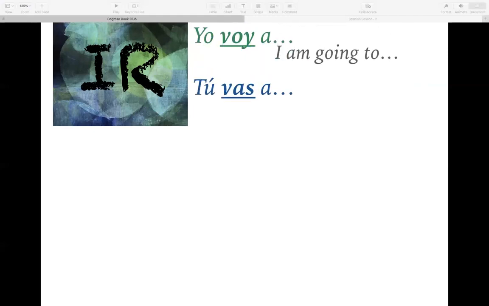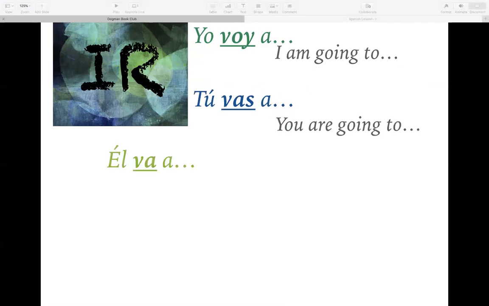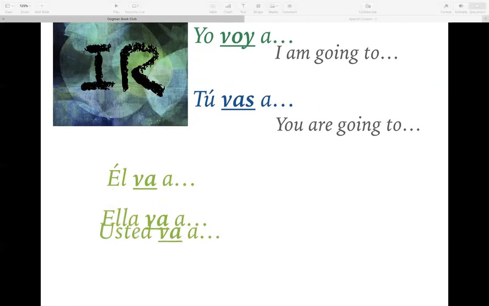So, back to answering the question, we need to use ir, the verb to go. So if you want to say, I'm going to, yo voy a. To say, you are going to, tú vas a. Él va a, ella va a, usted va a.